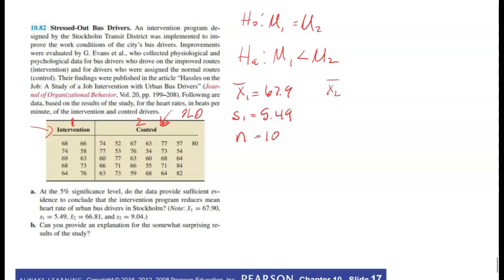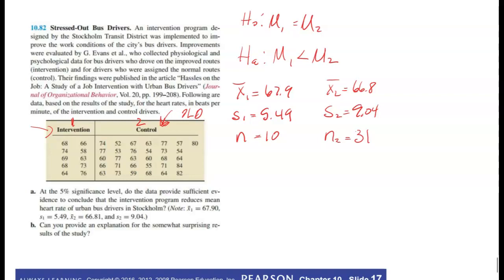For group 2, X bar 2 is 66.8, and you're given all this, you don't have to calculate it, S2 is 9.04, and N2. I was seeing if it actually gave it in the problem at all. What do we have? 1, 2, 3, 4, 5, 1, 2, 3, 4, 5, 6 times 5. So it looks like we have 31.